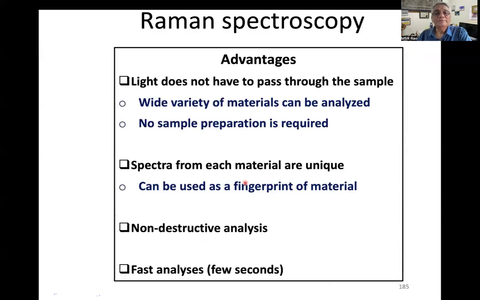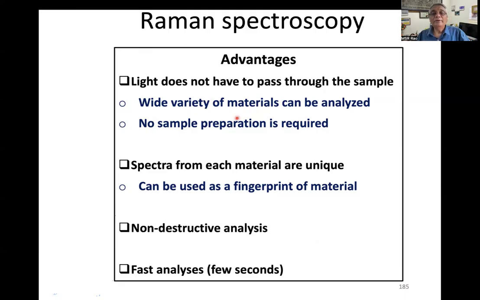So what are the advantages of this versatile spectroscopy technique? The advantages are that light does not have to pass through the sample. You can do the experiments in the reflection mode. You have a sample, you have the light impinging on it. If you have a detector on the source side, you can get all the information from the reflection mode itself.